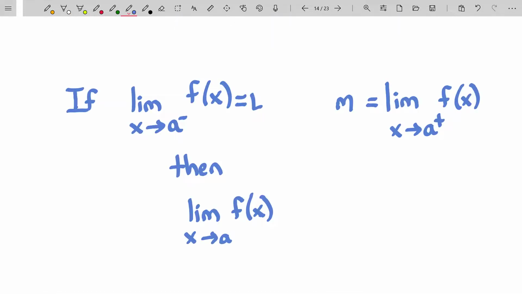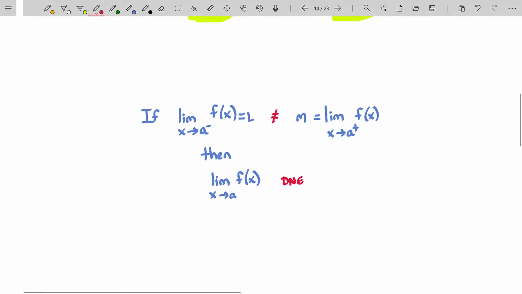If it's the case that the limit as x approaches a from the left of our function is equal to L, and the limit as x approaches a from the right of our function is equal to a different value m, where L and m are not the same value, then the limit as x approaches a of our function does not exist. And that is critical to understand. That ends up being what we use quite a bit to showcase that a limit doesn't exist, that its left and right hand limits are completely different.